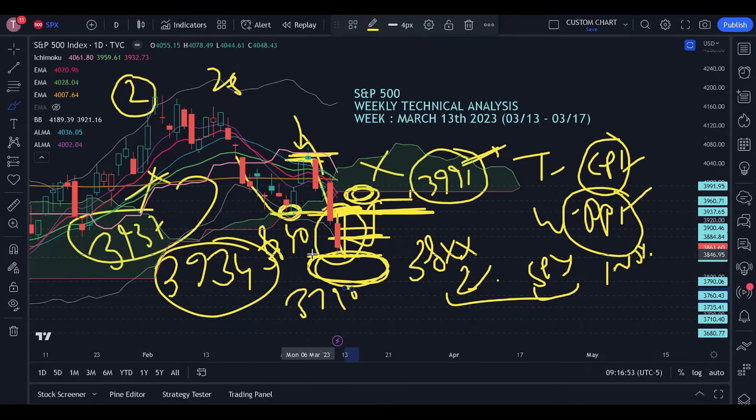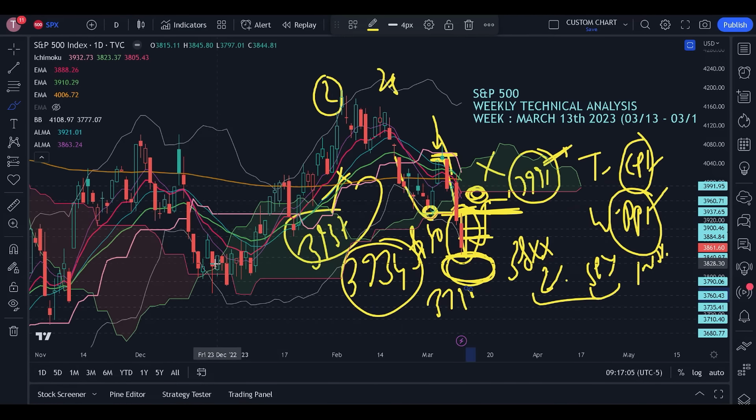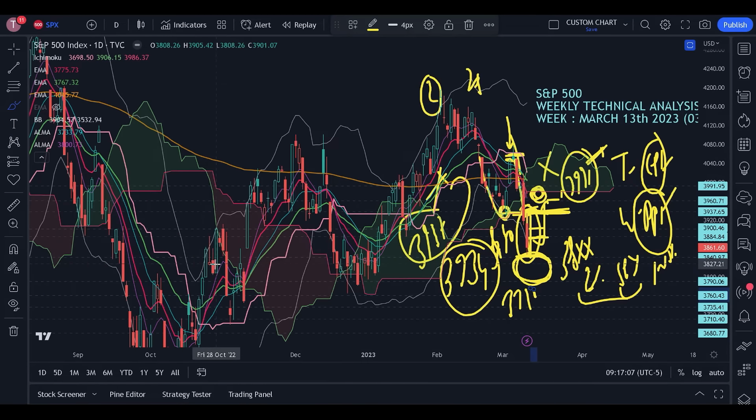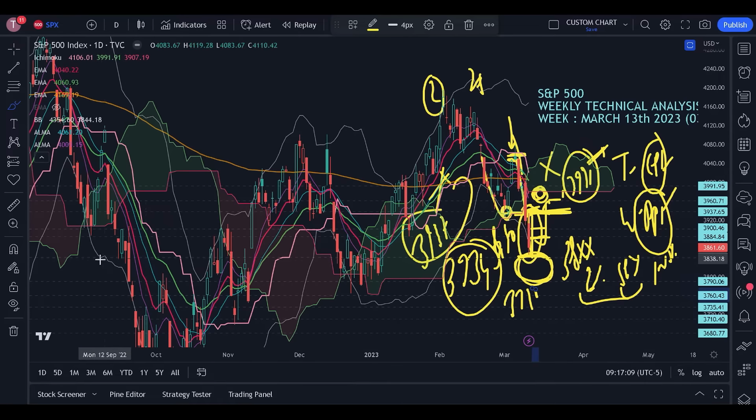These levels are our calculated support as well as resistance levels. They depend on the movement of the S&P 500, but these are our calculated support levels. And if you notice, historically whenever it came down, it finds very good support.